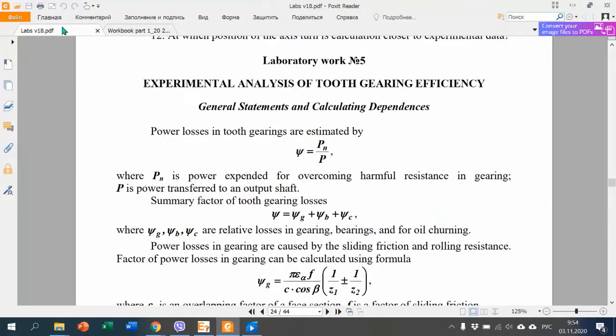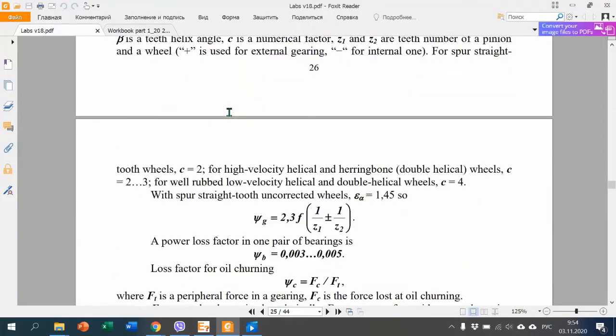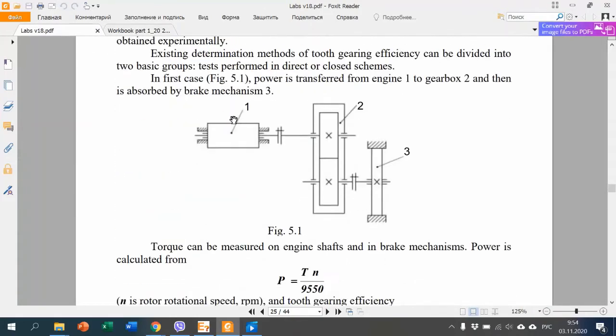Direct scheme means that we use an engine, any gearbox, and a brake mechanism which simulated useful work, useful power.